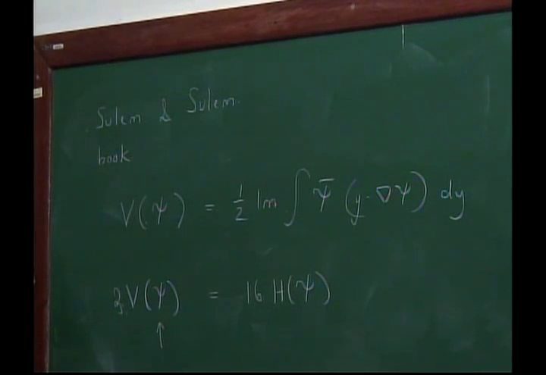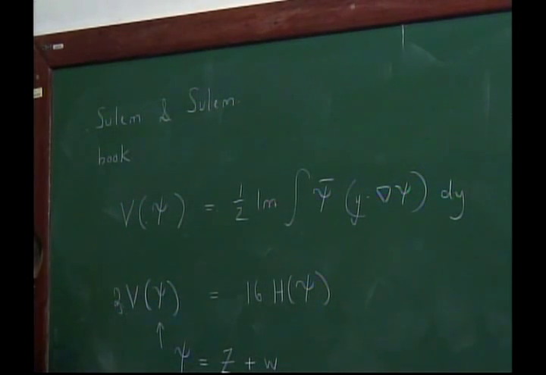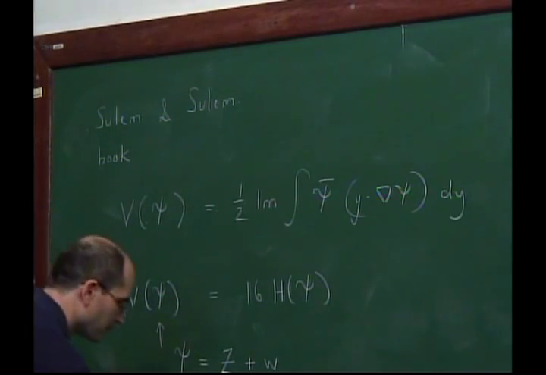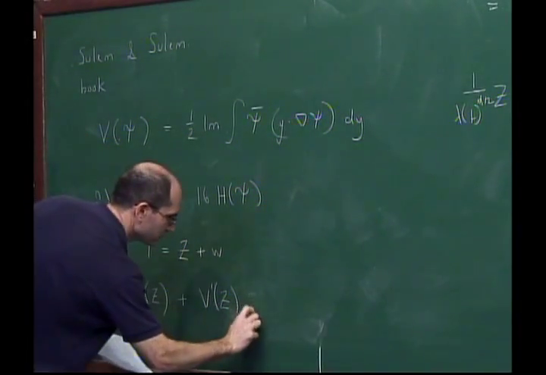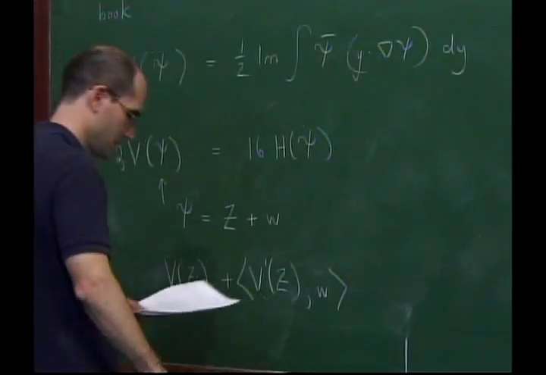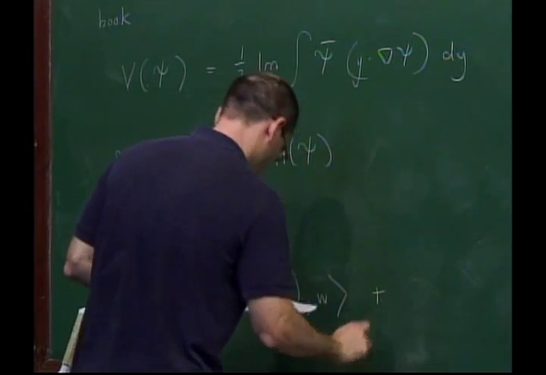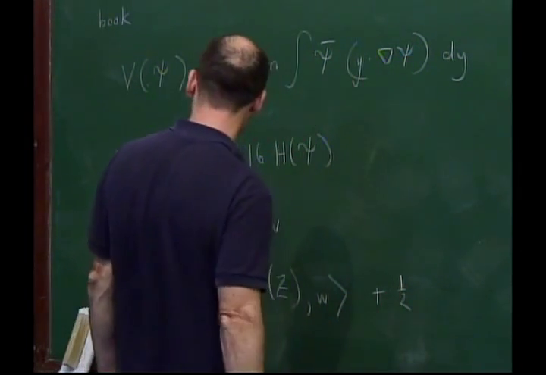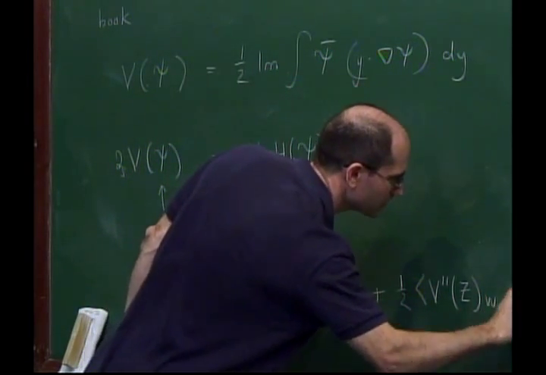When you expand it as z plus w, you end up with V of z, plus V prime of z paired with w, plus 1/2 V double prime of z w w.